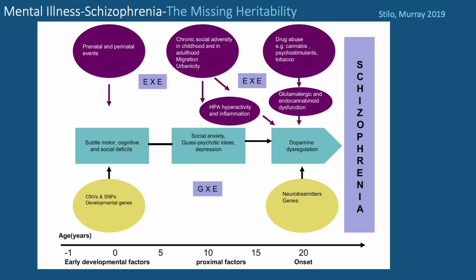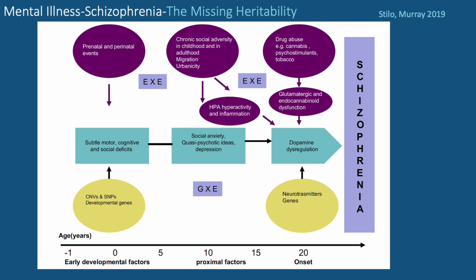It starts with a -1 because we are talking about the influence of genetics and the environment on the baby in utero. 0 represents the birth of the child, and then we see the age increasing.